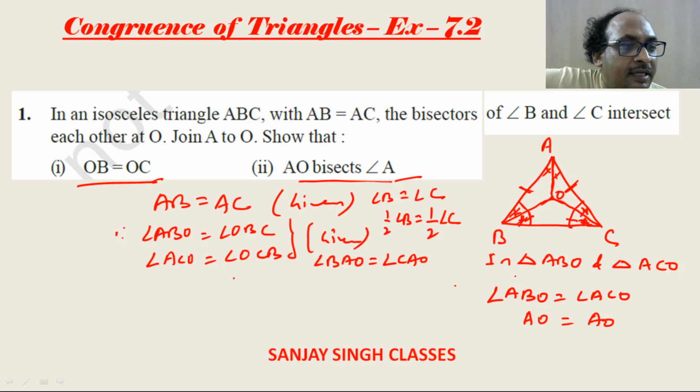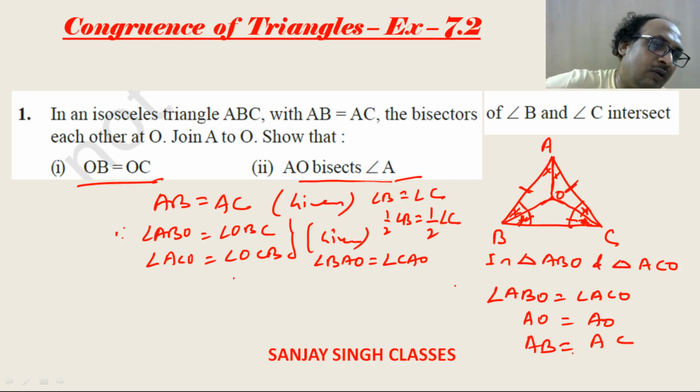SS, and AB is equal to AC. Okay, so we are already given AB is equal to AC. So this one will become side angle side.